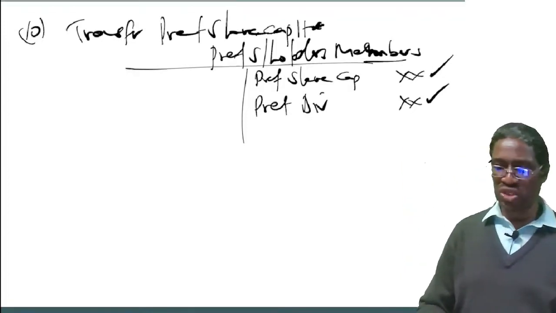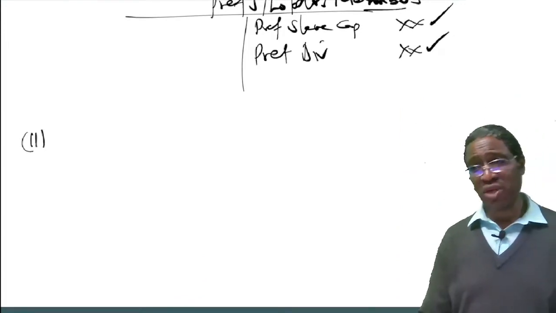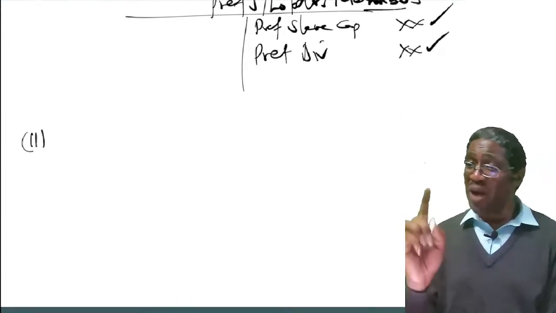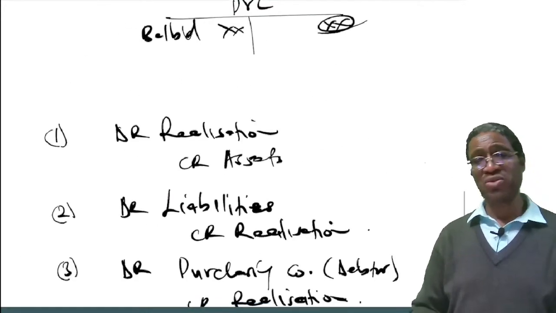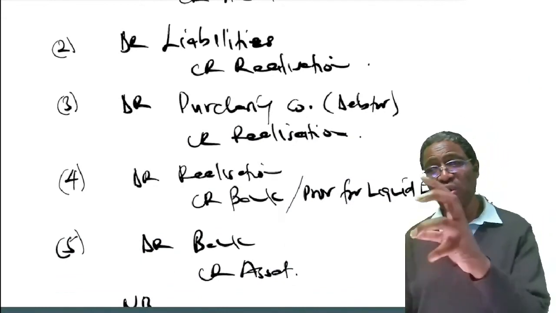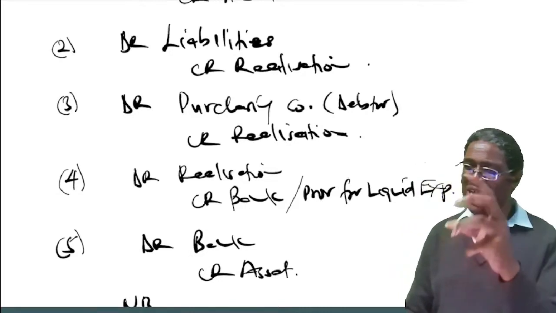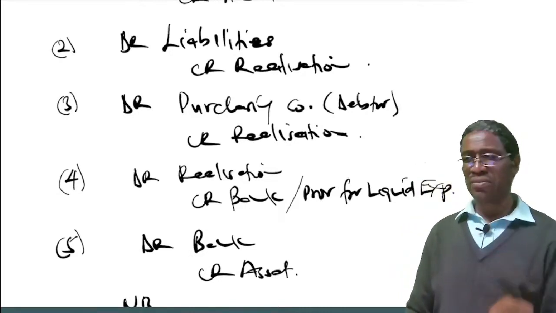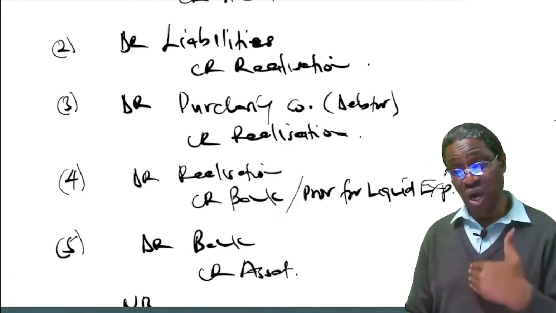Let me now go to step number 11. For number 11, I want to take you back to number 3, with the purchase consideration. That time, we created a debtor by the name of company B. We were A Limited.